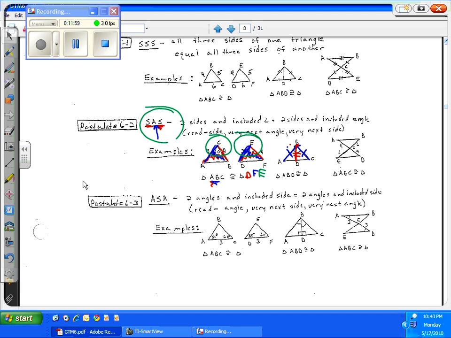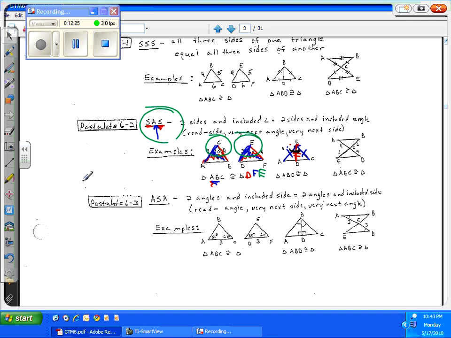It's equal to itself. The angle included between them of this triangle is equal to the angle included here. So we have two sides and the included angle of one triangle equal two sides and the included angle of another. So we can say that they are congruent by side angle side.